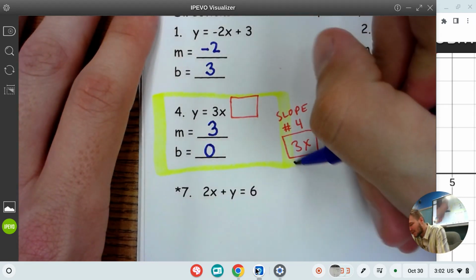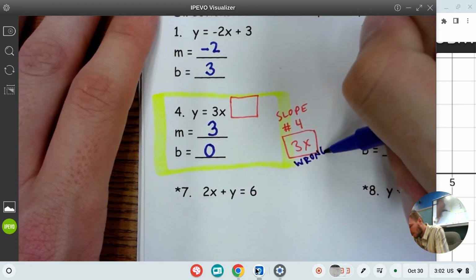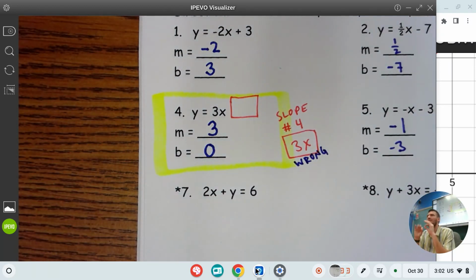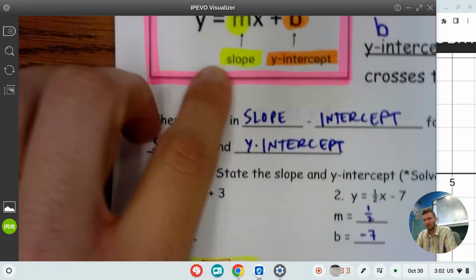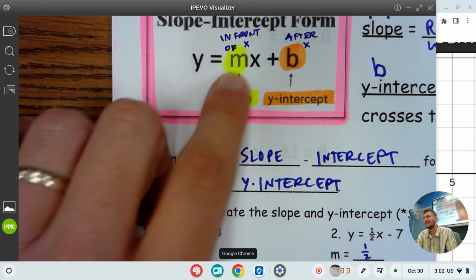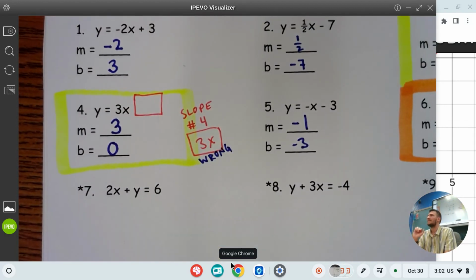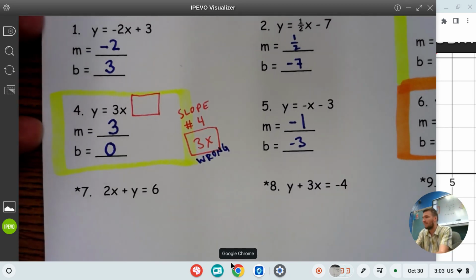And that is wrong. What is the slope of number 4? Just 3. The x is not included in the slope. Remember, the slope is in front of x. It does not actually include the x. So when you're giving me the m and when you're giving me the b, I need a number, not a letter.